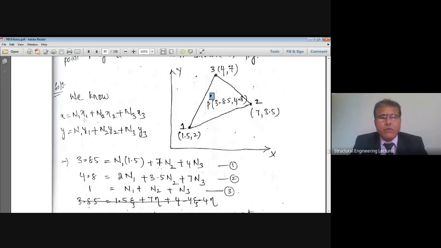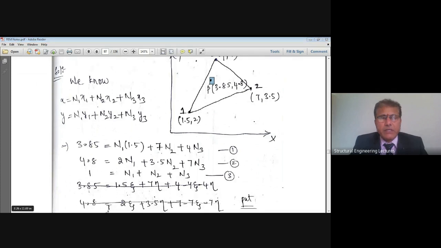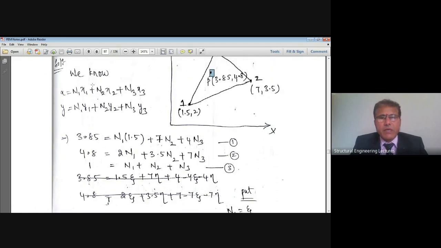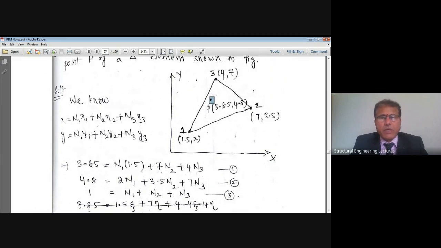We know the isoparametric formulation given by x equal to the summation of Ni xi, that is N1 x1 plus N2 x2 plus N3 x3, and y equal to N1 y1 plus N2 y2 plus N3 y3. In the problem, x is given as 3.85, say in mm, consistent units.